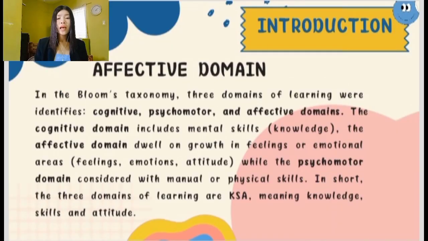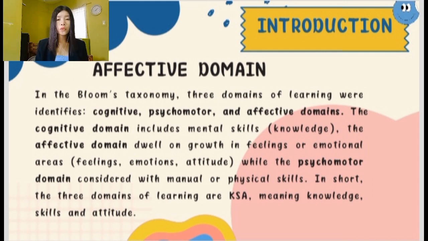Affective domain. In Bloom's taxonomy, three domains of learning were identified: cognitive, psychomotor, and affective domains. The cognitive domain includes mental skills, which is the knowledge. The affective domain dwells on growth in feelings or emotional areas: feelings, emotions, and attitude.